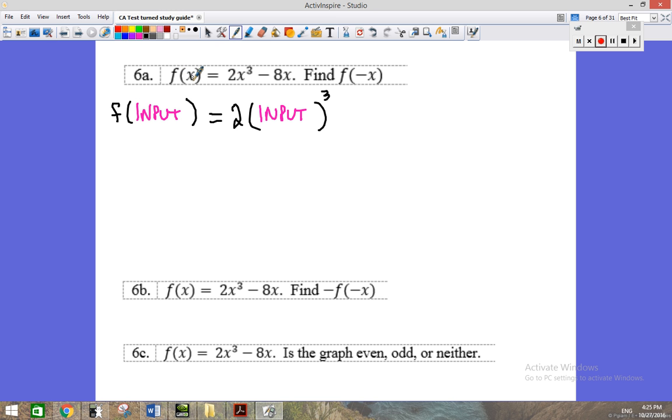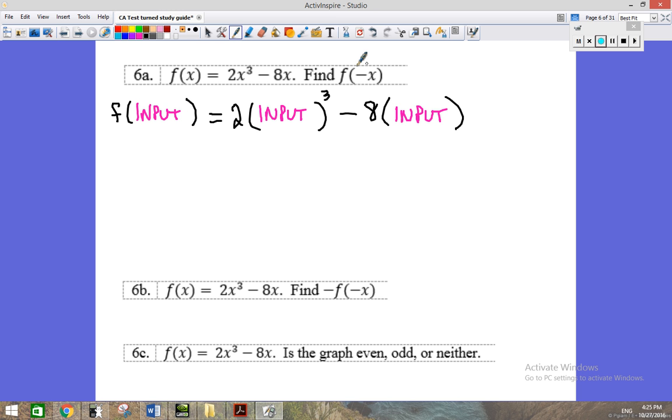This x is often referred to as a dummy variable. They could have used x, they could have used a smiley face, they could have used the word input like I'm doing. But I'm trying to illustrate that this function has a rule, and it's very good and very consistent at applying that rule. So here, you put the input over here as well to figure out what the second number is. If it were just the number 2, we'd replace the 2 where it says input.